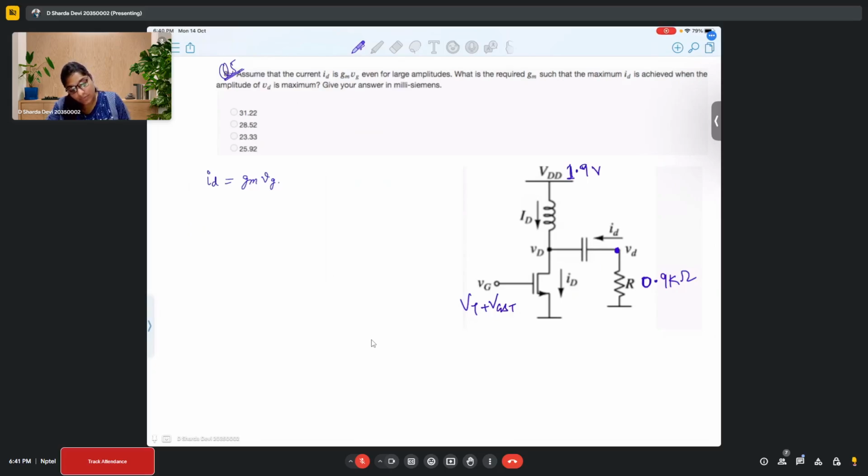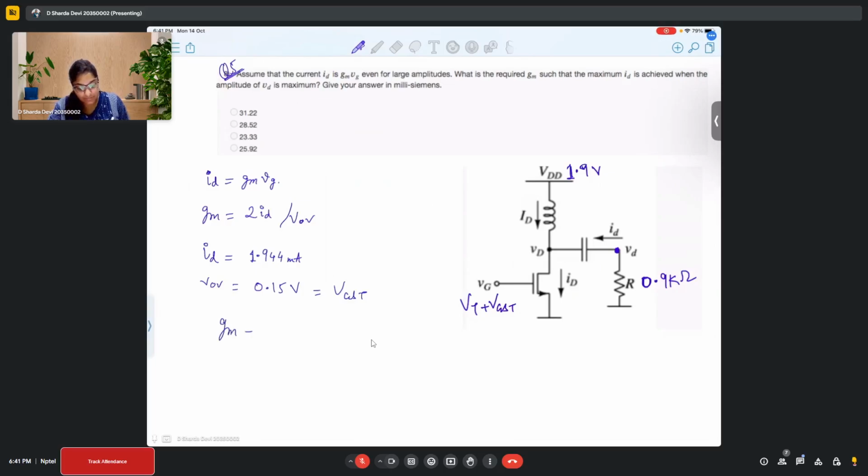It is given that ID is equal to twice GM into VG. We also know GM is equal to 2 times ID upon VOV, right? And from above, we already knew that ID is 1.944 milliamperes. V overdrive is 0.15 volts, that is VGST.